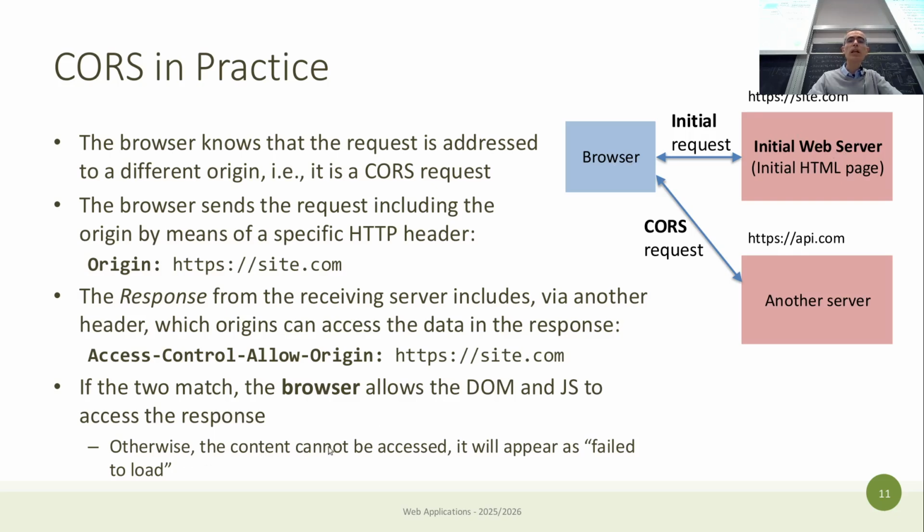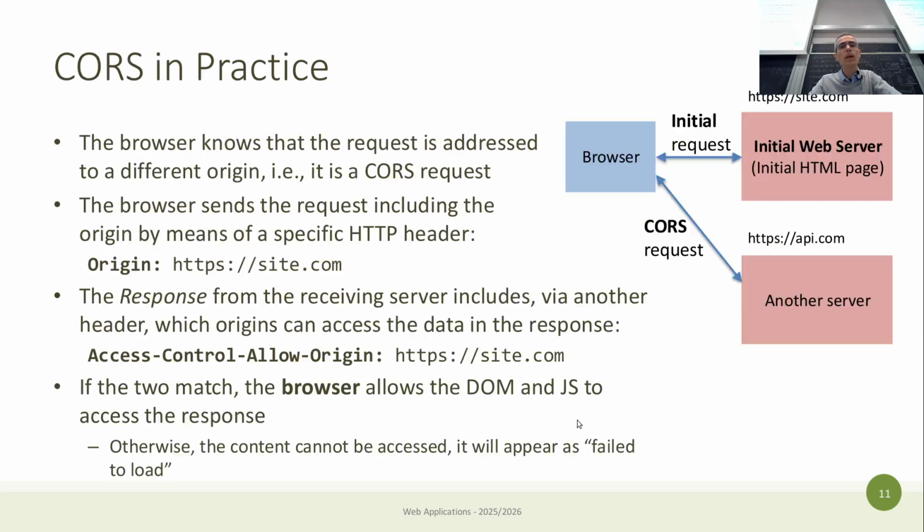Otherwise, the content cannot be accessed, and from the point of view of the JavaScript that may have issued a fetch request, you just see something like failed to load. Okay? So actually, you got the answer, the information is inside the browser's memory, but it cannot be accessed by the DOM and the JavaScript.